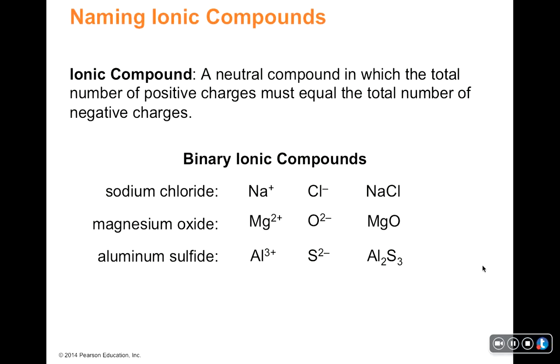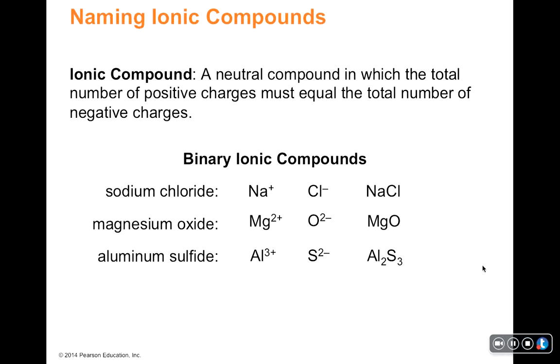So if we have 2 aluminum ions, as is written in the formula, Al2S3, that means 2 aluminum ions. Each of them have a +3 charge. So the total charge on aluminum is +6. The sulfur, on the other hand, in the formula, we have 3 sulfur ions.